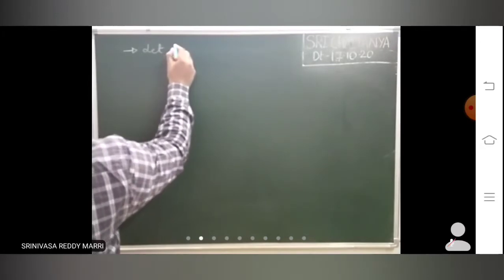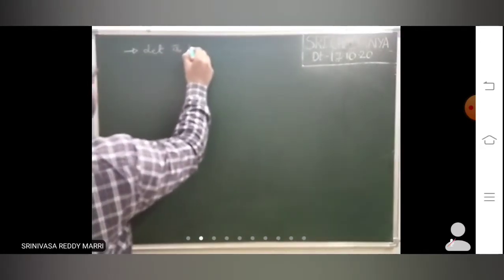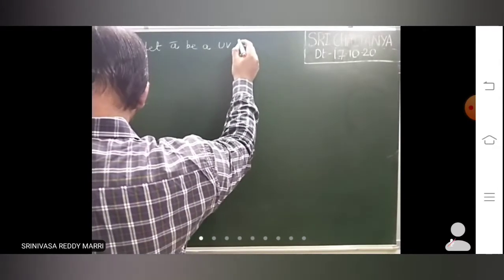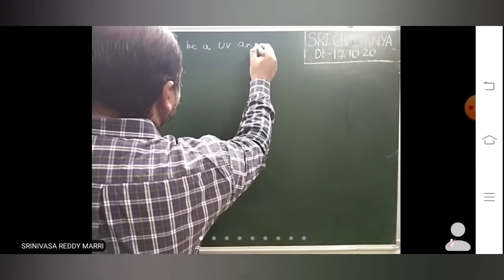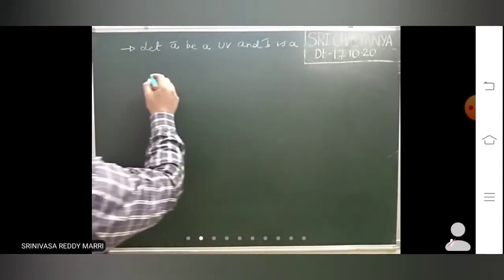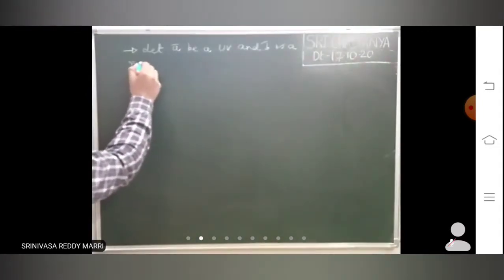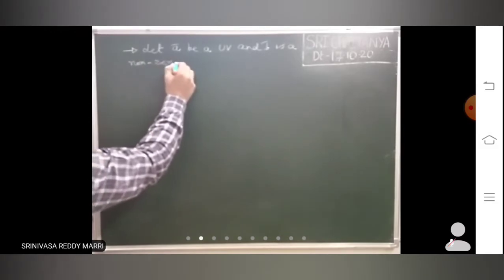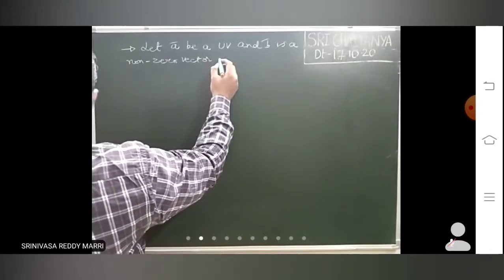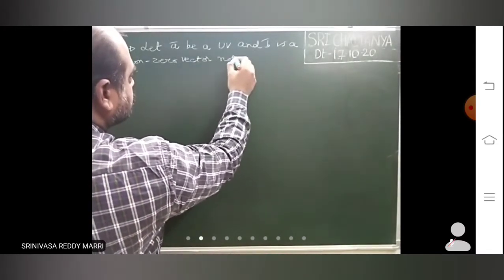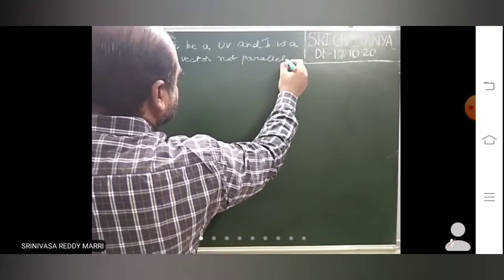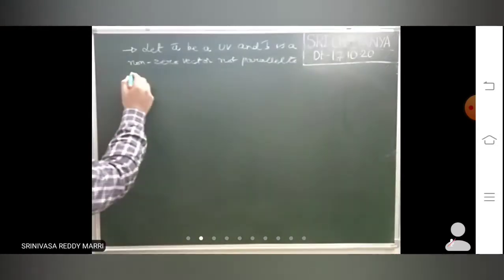Let A bar be a unit vector and B bar is a non-zero vector not parallel to A bar.